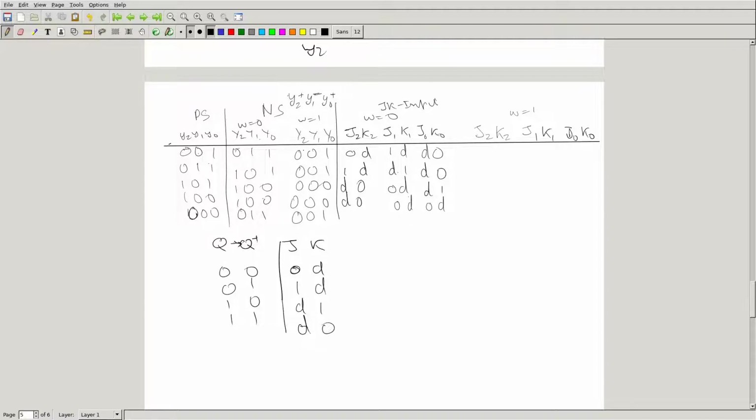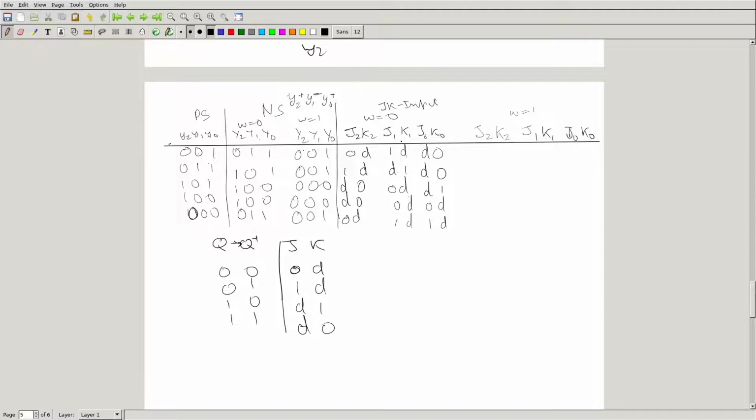This is 0 to 0, that is 0D. We need to get 0 to 1, we need 1D as an input, and to get from 0 to 1, we can have 1D.